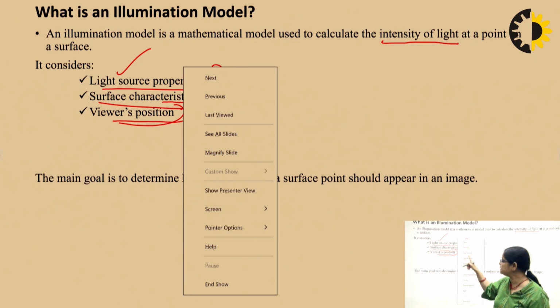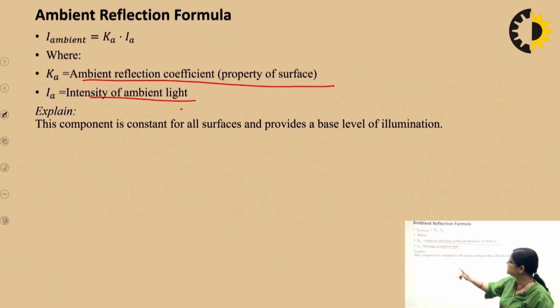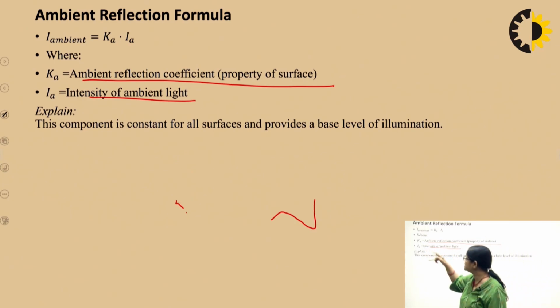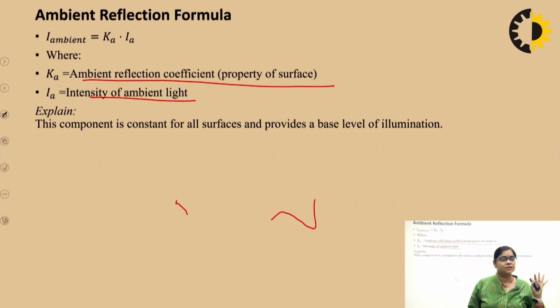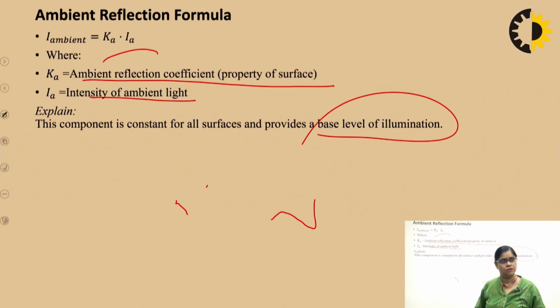These points are very important. We have represented the property of the surface, that is Ka, and the intensity of the light, that is Ia. This formula explains that in the ambient reflection, the component is constant for all surfaces, and it provides a base level of illumination, right?